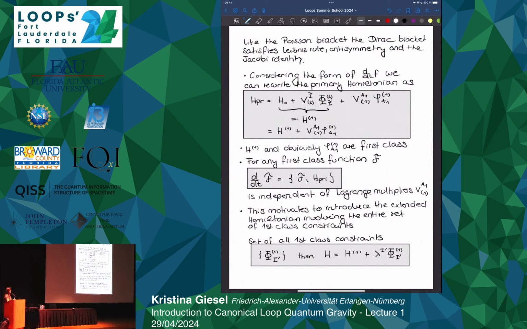However, since any first-class function will commute with any first-class constraint, independently whether it's a primary or secondary, what one usually does is one considers the set of all first-class constraints, adds additional Lagrange multipliers for those which are secondary first-class constraints, and then writes the Hamiltonian in this form, so that it's no longer the primary Hamiltonian, but in addition, we added any secondary first-class constraint which showed up in the Dirac algorithm.